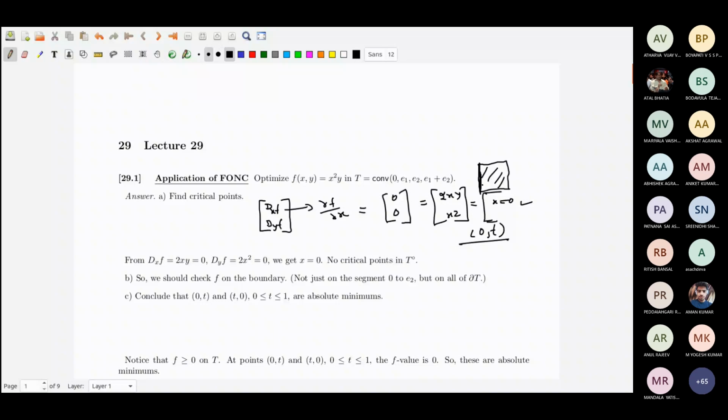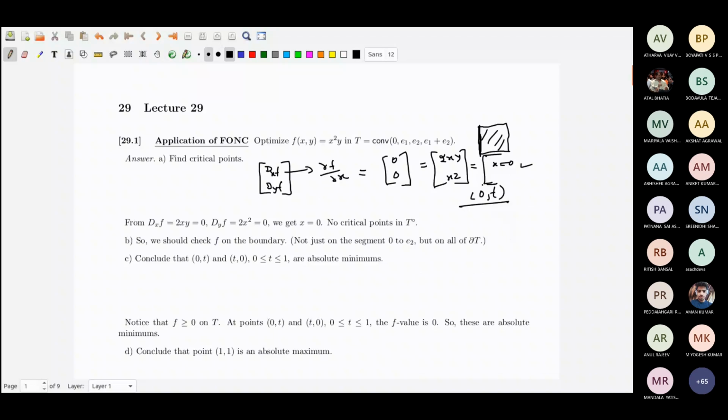Now this example is somewhat suitably made. So now using the positivity of the function over this square region, and noticing that if I am on the x-axis or y-axis, then one of them is 0.